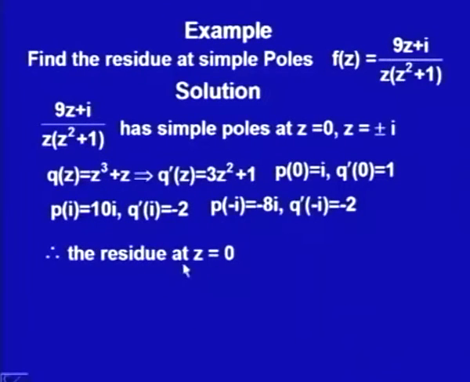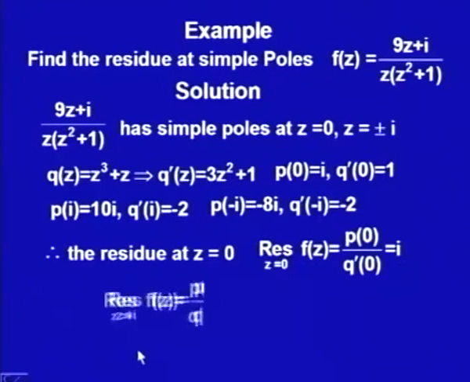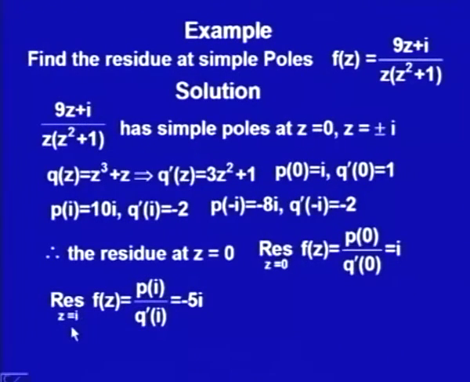The residue at z equal to 0 is p(0) upon q dash 0. Now, p(0) is i, q dash 0 is 1, so this is i. Residue at z equal to i is p(i) divided by q dash at i. p(i) is 10i, q dash i is minus 2, so I would get minus 5i.